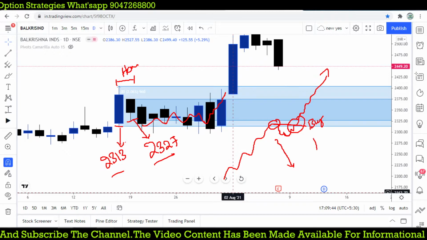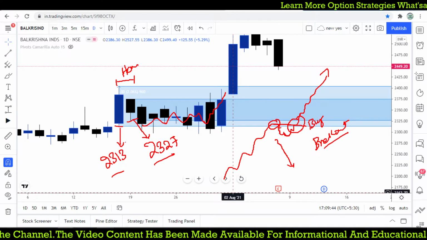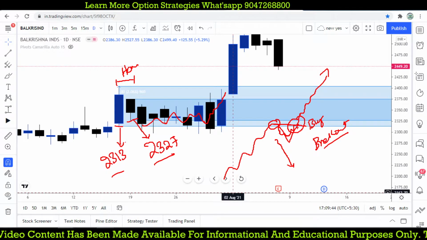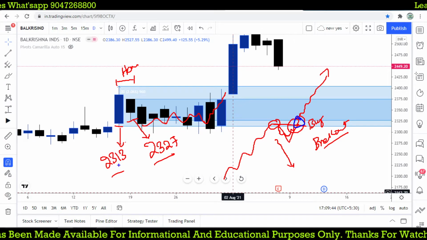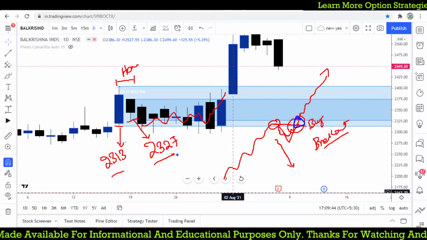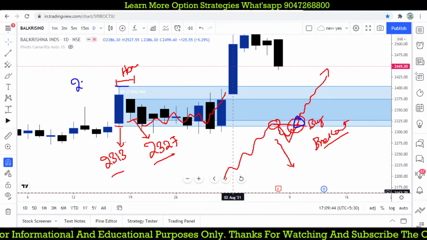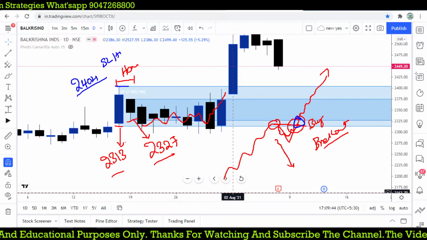That is a breakout entry, right? After the failure of the signal, we will go for a breakout kind of trade at this point if the high is broken. So initially from 2313 or 2327, our stop loss of 2404 got triggered, stop loss hit.